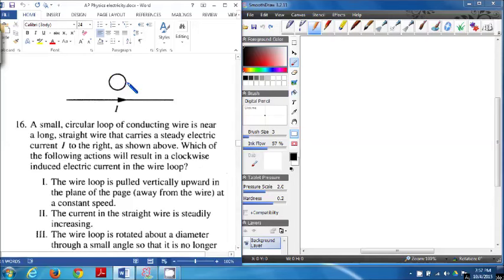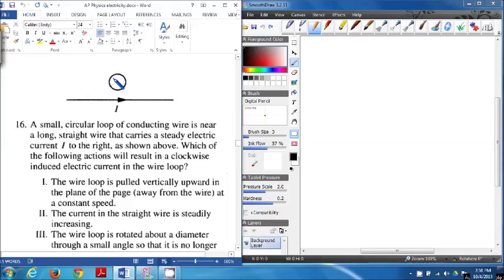So if there is a changing magnetic field because of the change in the current of the wire, which increases the magnetic field coming out of the plane of the loop, then that will induce current in the loop to oppose the increasing magnetic field.